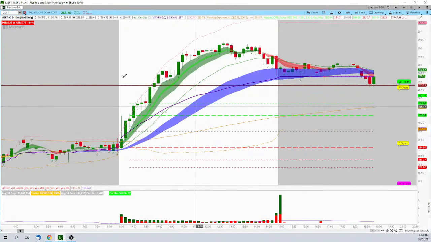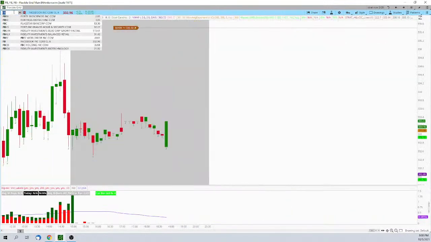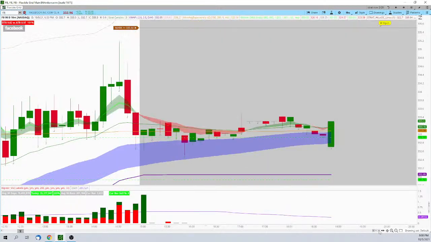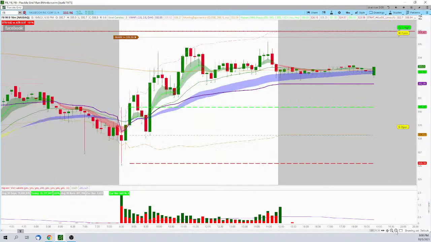I would definitely have Microsoft on my watch tomorrow. It closed above yesterday's high. Facebook's an inside day, I think, so that would be on watch for me tomorrow. Yeah, Facebook's inside, so I'd be looking for a break above.